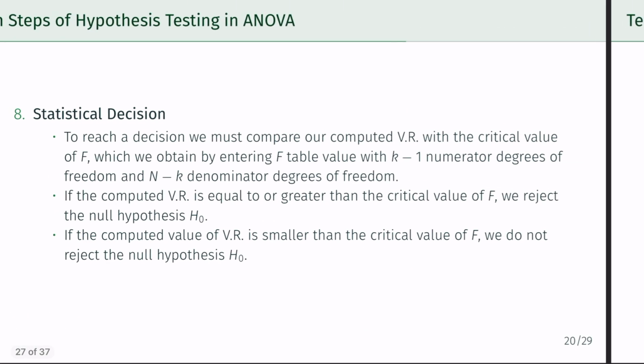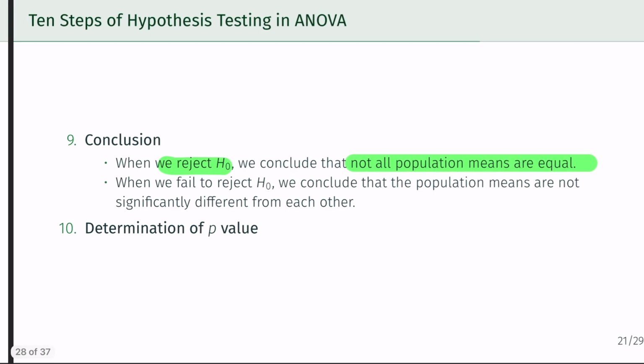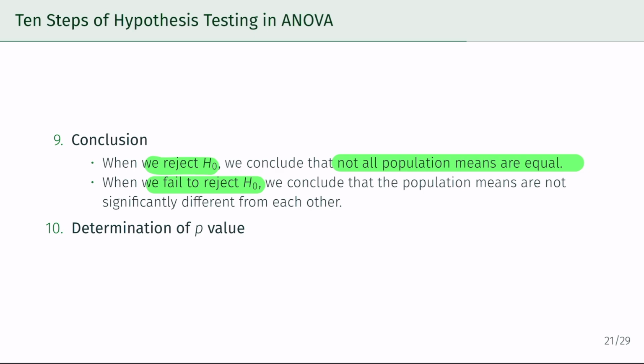Now when we reject H0, we can conclude that not all population means are equal. If we fail to reject H0, which basically means we are accepting H0, we conclude that population means are not significantly different from each other. Remember this, guys. Whenever we talk about these 2 parts, we have to write a conclusion.